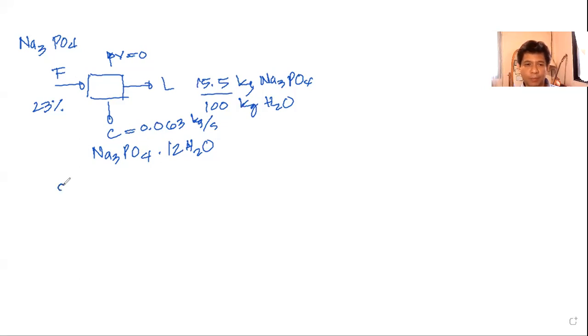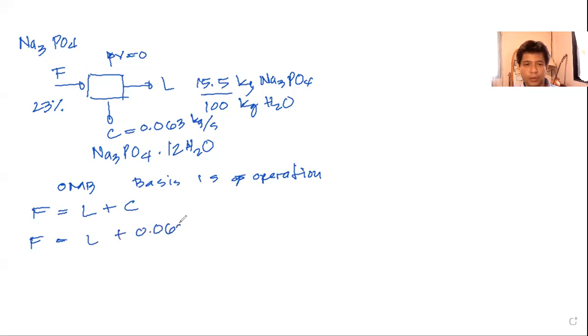So pag nag-overall mass balance tayo, F is equals to L plus C lang. Tapos alam natin yung C. Halimbawa, ang basis natin is 1 second of operation. Okay? So we have F is equals to L plus 0.063 kilogram.